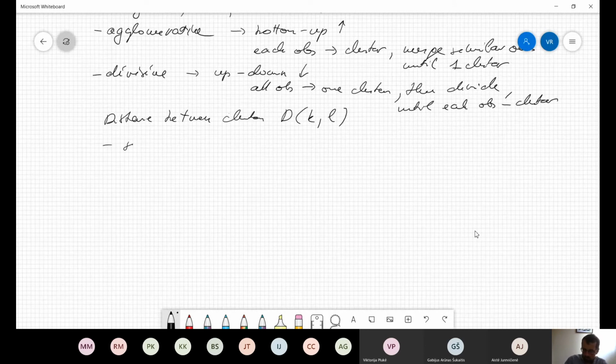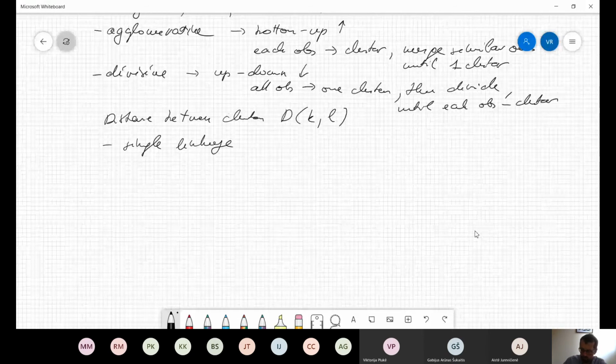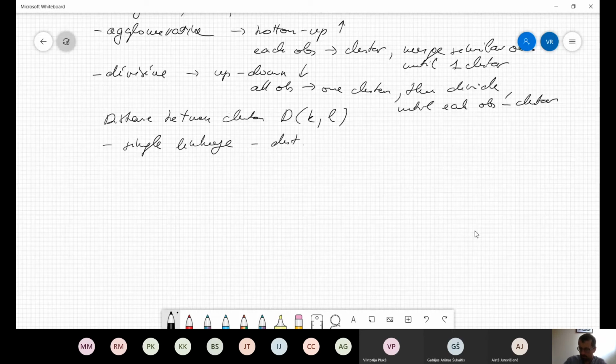The first is so-called single linkage. This is the distance between the most similar observations in the separate clusters, right?